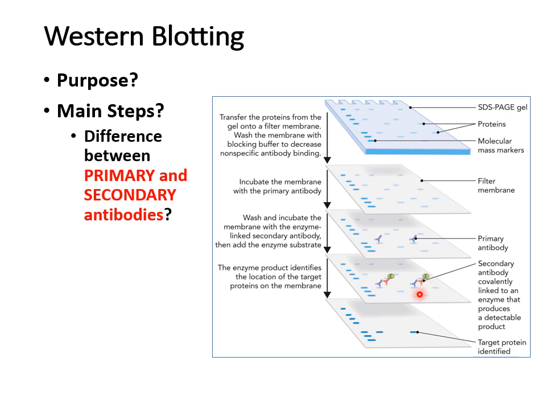So the secondary antibody has a form of detection on it. For instance, it might have something that fluoresces that you can detect in the next steps of your experiment. The secondary antibody is what allows us to ultimately see the target protein on the membrane.